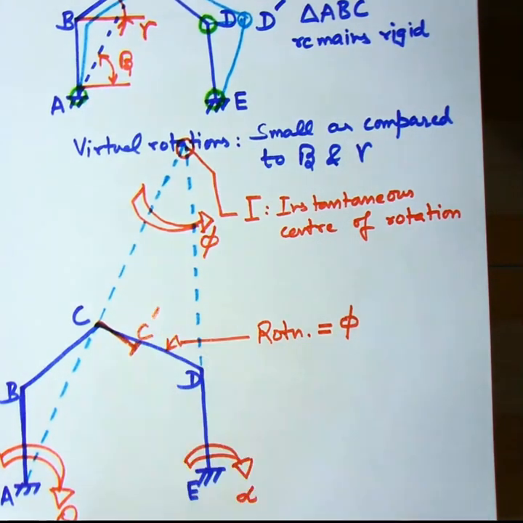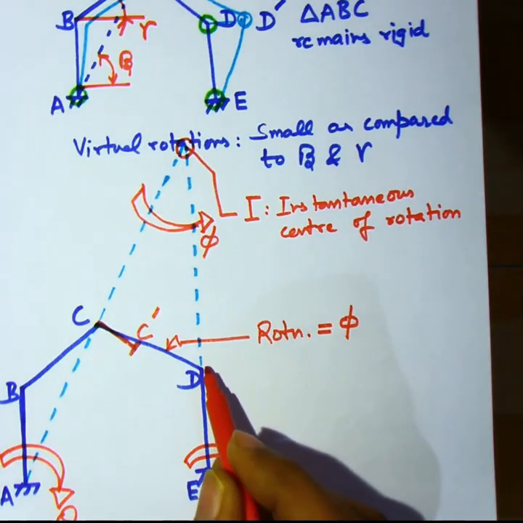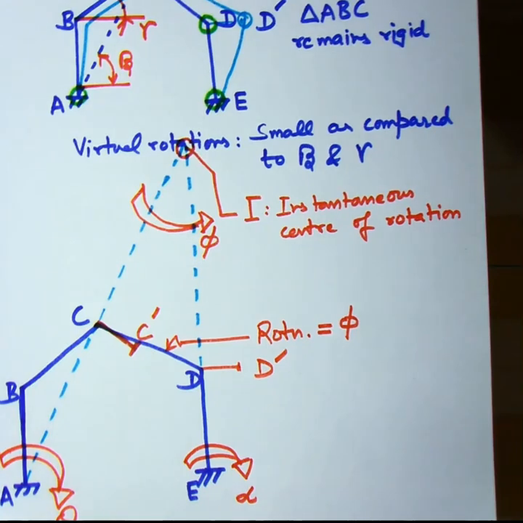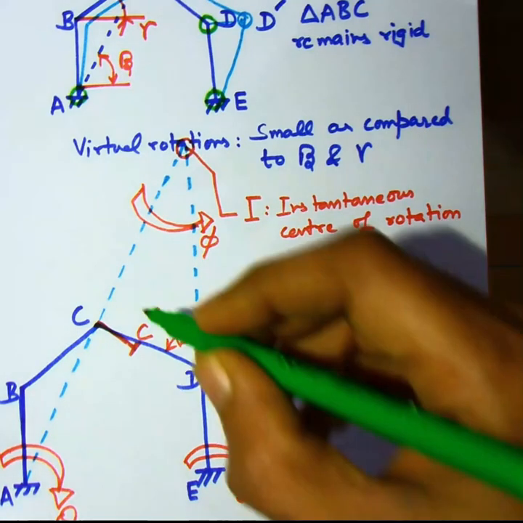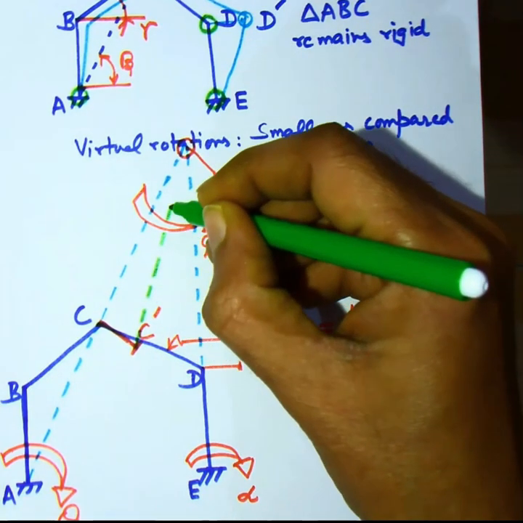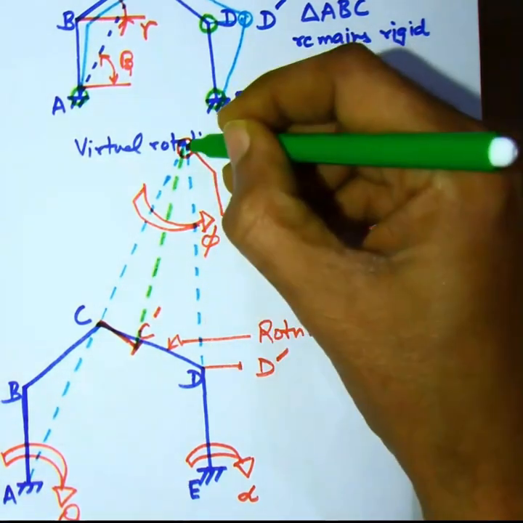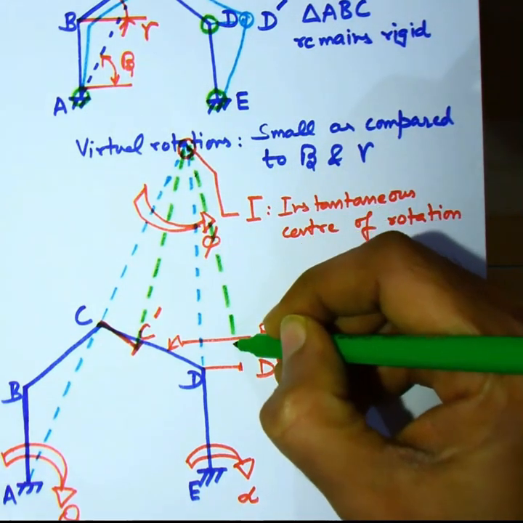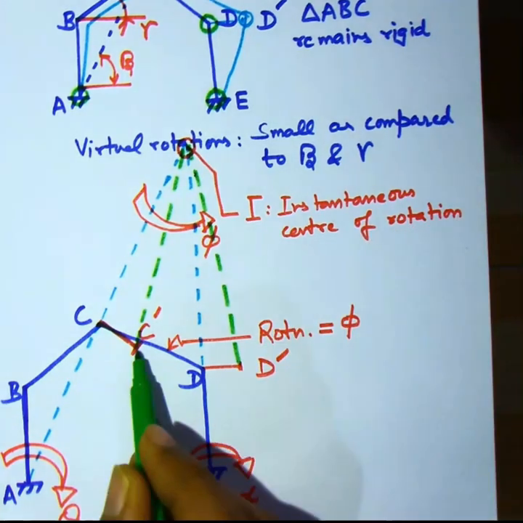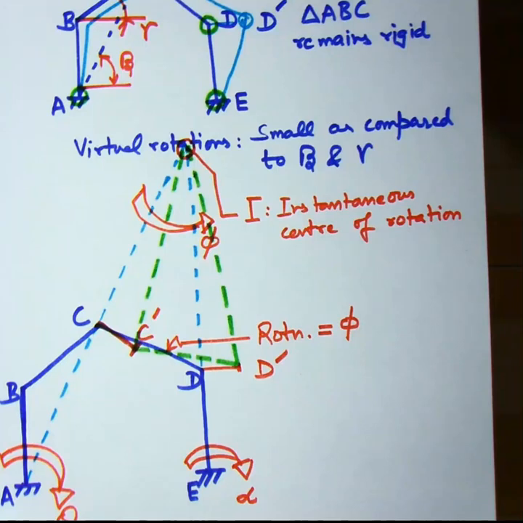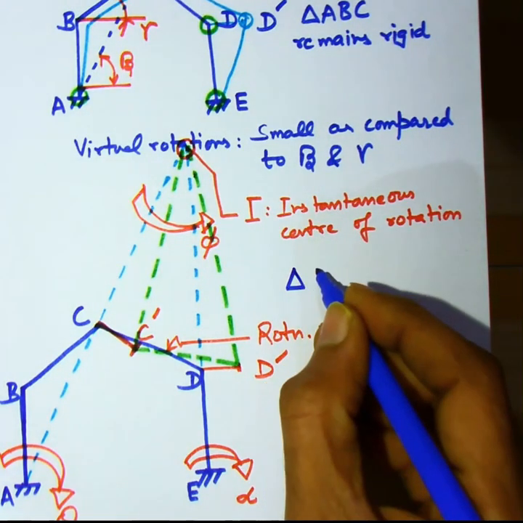So C moves to C dash such that it's normal to AC, D moves to D dash such that it's normal to ED. Note that triangle DCI stays a rigid triangle in this process.